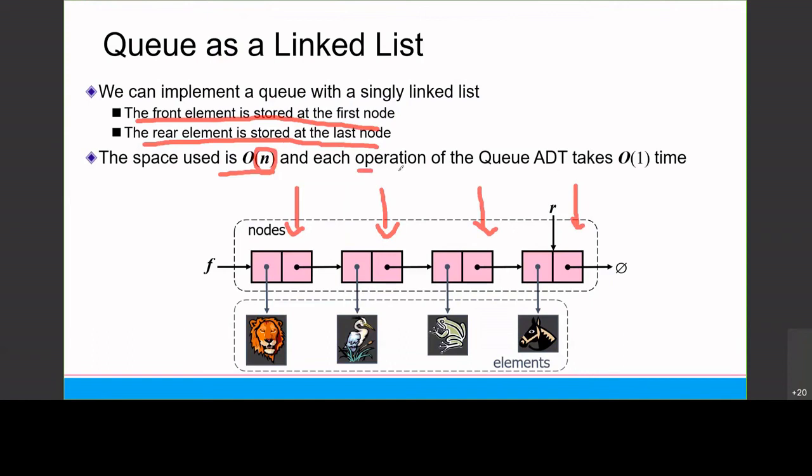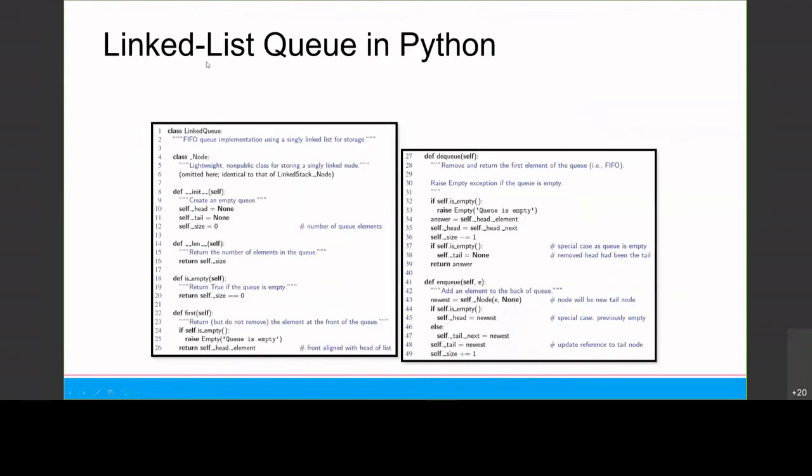And every operation, insertion and delete, will take O(1). And this is the linked list with queue.